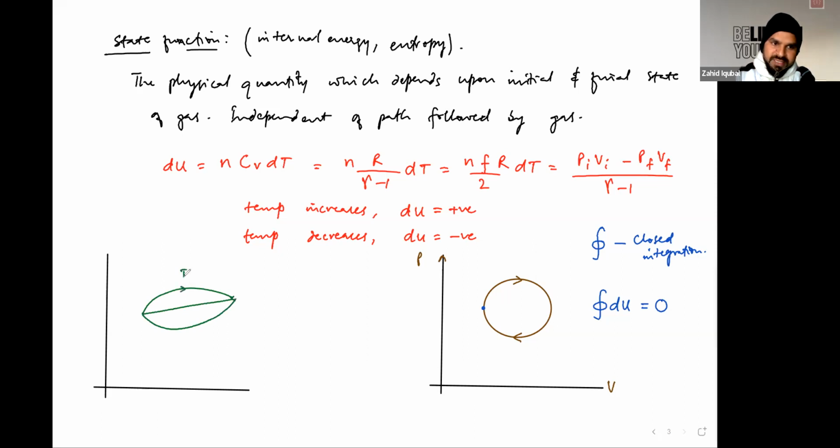Let's say this is path first, this is path second, and this is path third from point A to point B. You'll be asked, what will be the change in internal energy, or what will be the relation between the change in internal energy for all of these three paths? Which one will be greater, which will be smaller, or what is the relation between these three internal energy changes?